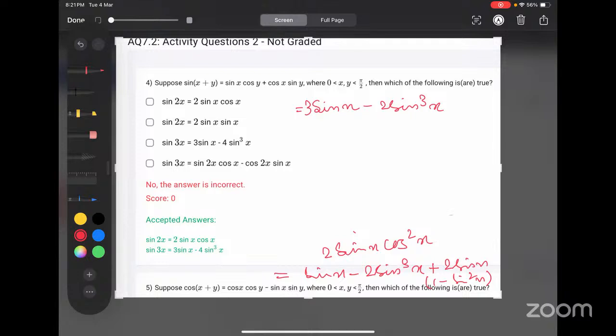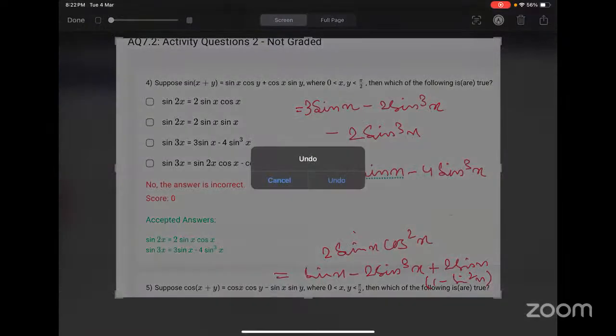Then minus 2 sin cube x, and then minus 2 more, so in the result we will get 3 sin x minus 4 sin cube x. Okay. So this is the third option, right?